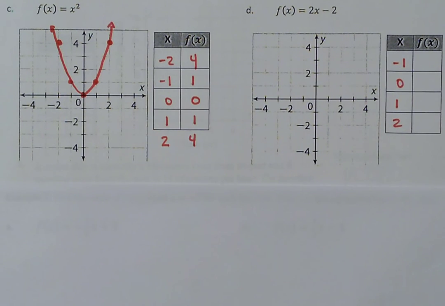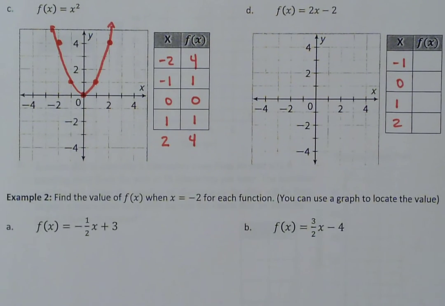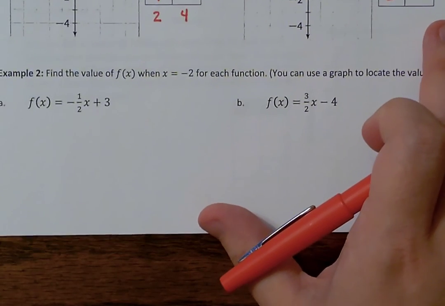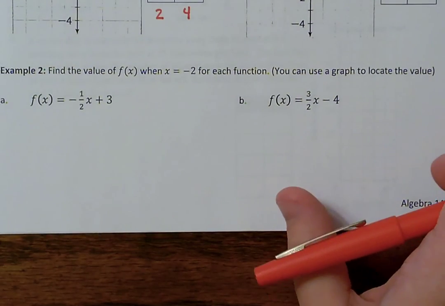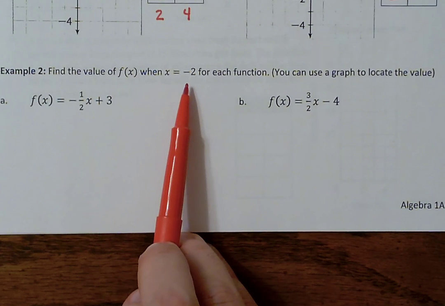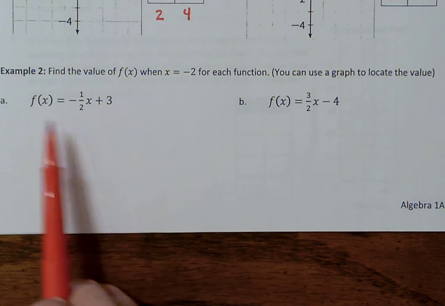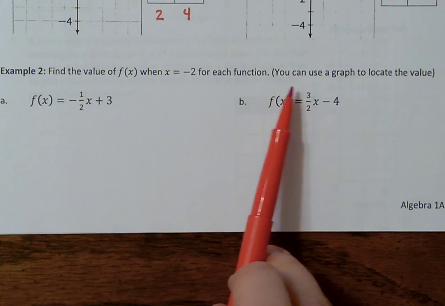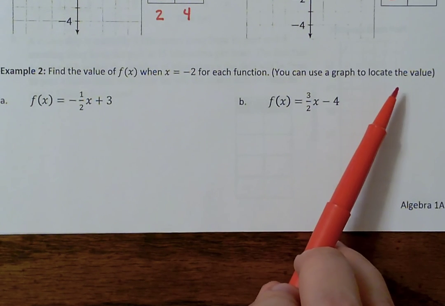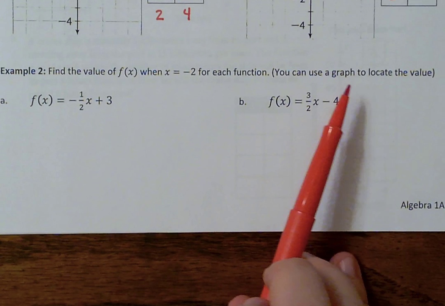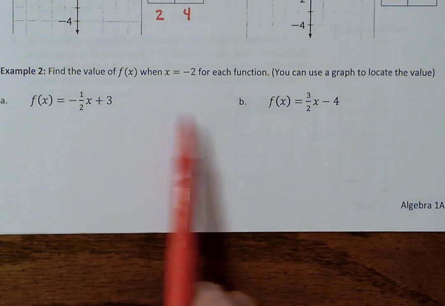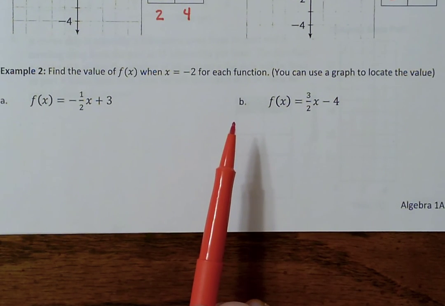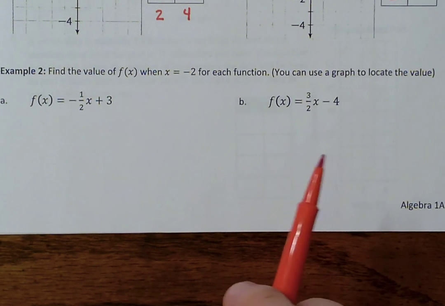All right, so example 1 is the bulk of what we're going to be doing for today's lesson. Now, example 2 asks us to go through and find the value of f of x when x equals -2. So we need to figure out what the value of these are when x equals -2. Now, you can use a graph to locate the value, and after I've finished solving these, I'll talk about an example and a way to do that based off a graph.